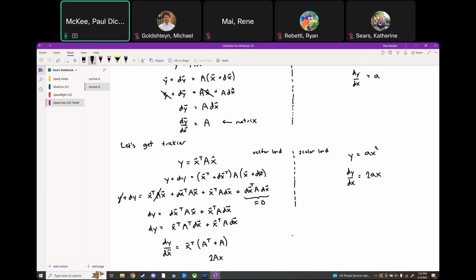If you kind of just like, okay, you've got A plus itself transposed, kind of similar to 2A, and then we've got the x over here. So that's kind of the parallel that I want to draw. Hopefully that makes some sense.